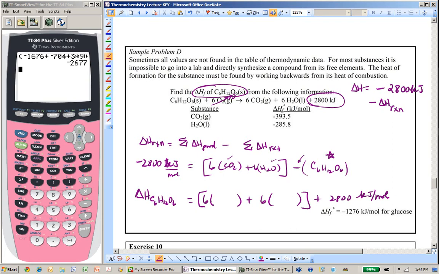Everything's in kilojoules per mole here. So I go up the table, I find CO2, it's a negative 393.5. I go up the table, I find the H2O, it's a negative 285.8.